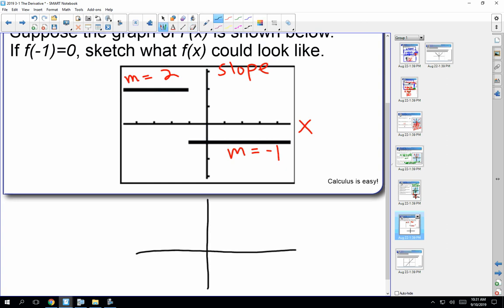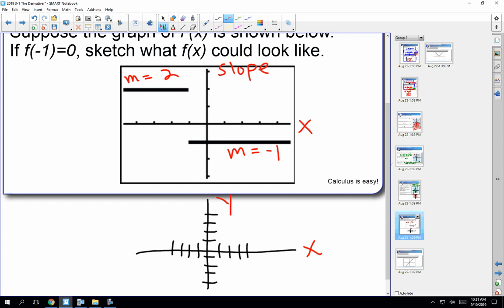Okay, so we got 1, 2, 3, 4. 1, 2, 3, 4. On this one, we've got x versus y. Okay. All right.